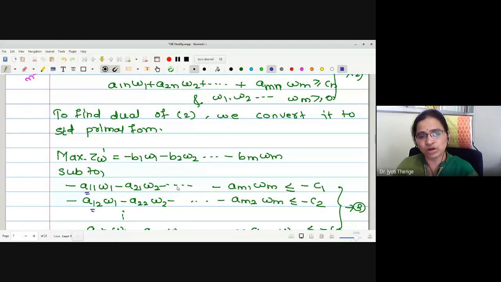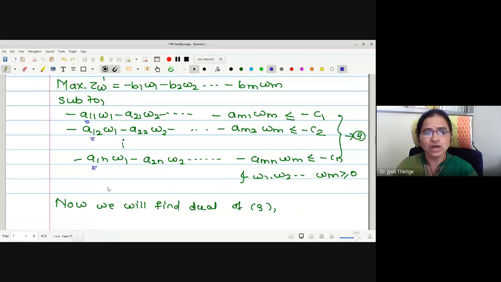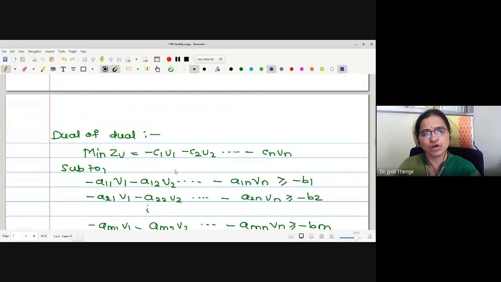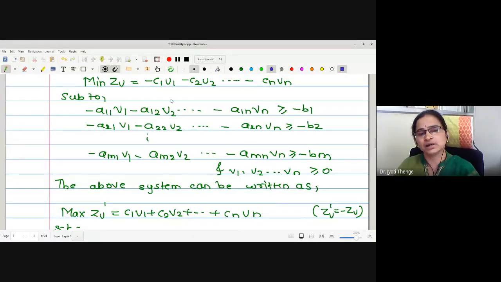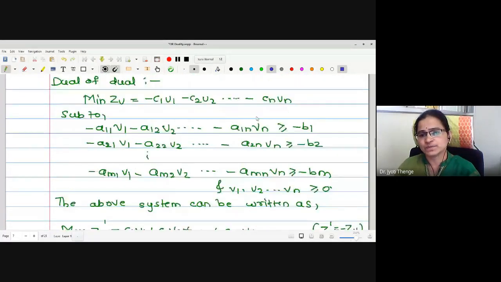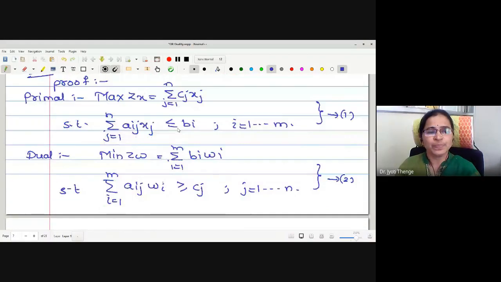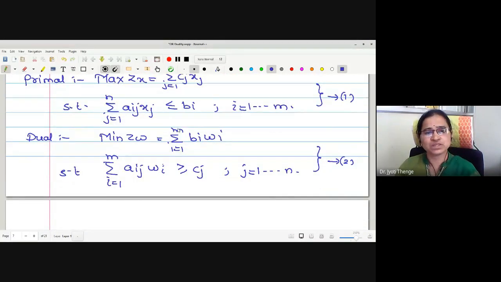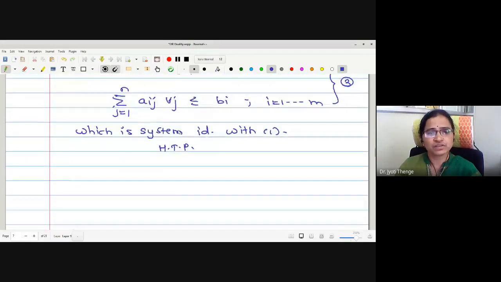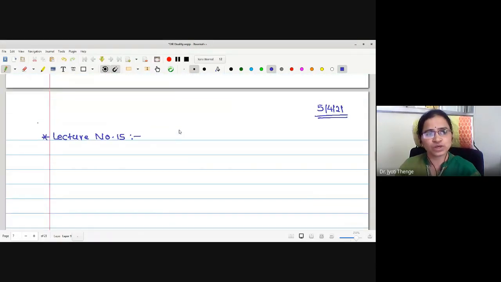Then to find one more dual, we converted this dual into a standard primal form and again found its dual, which, after observing the negatives and all, we wrote in a form exactly identical with the original LPP. The alternative proof we studied uses summation notation. Whichever you feel easy to write, you can start with.